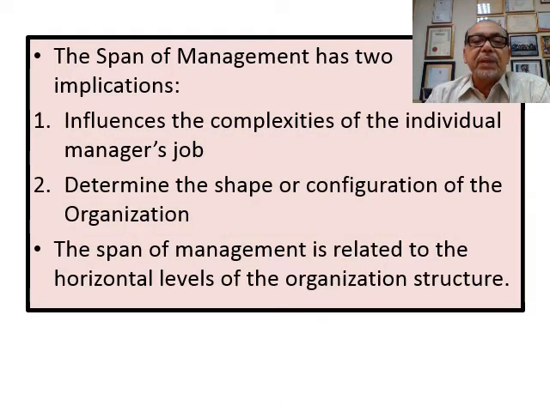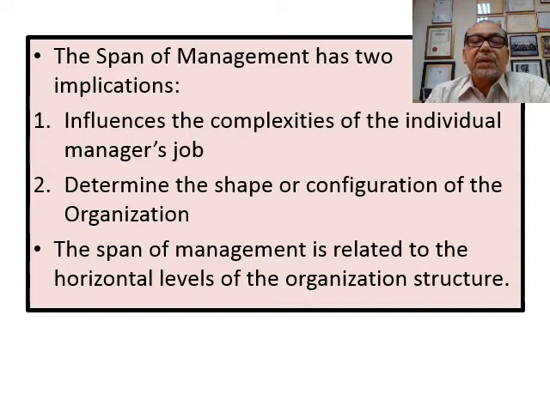Span of management has two implications. It influences the complexity of the individual manager's job. For example, just now the engineering, they are just in charge of producing the car engine only. And it determines the shape or configuration of the organization. Depending on that, some leaders may span management over 30 people, some maybe 50, some maybe 10.